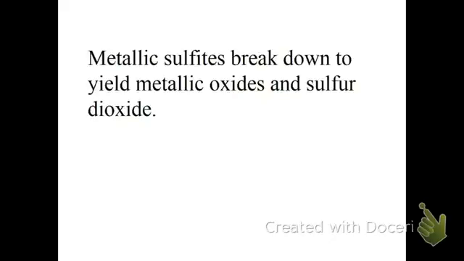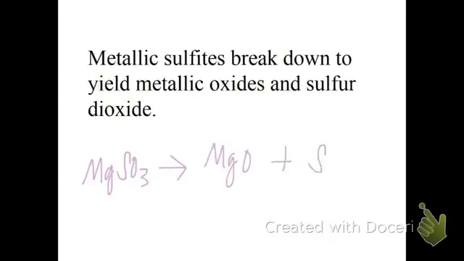If you have metallic sulfites, they break down into metallic oxides and sulfur dioxide. So let's say we have MgSO3. That's going to break down into MgO plus SO2. And that would already be balanced as is.